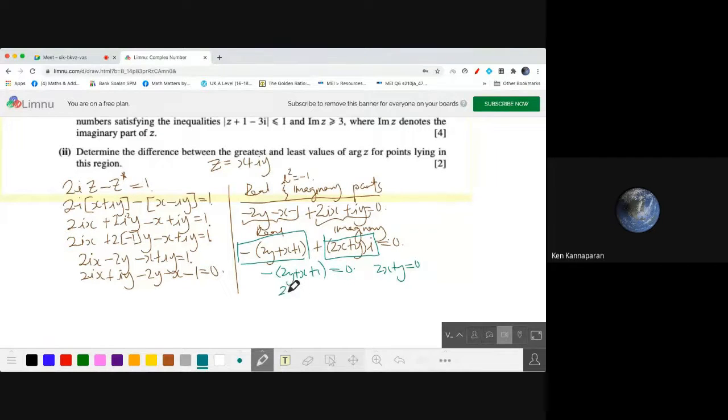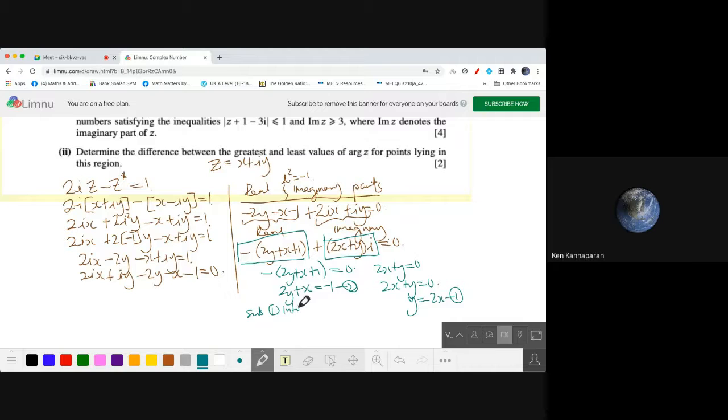So from there, 2y plus x equals to -1, and then 2x plus y equals 0. So sub your values, which is, let's say y equals to -2x, equation 1, this is equation 2, so sub 1 into 2.